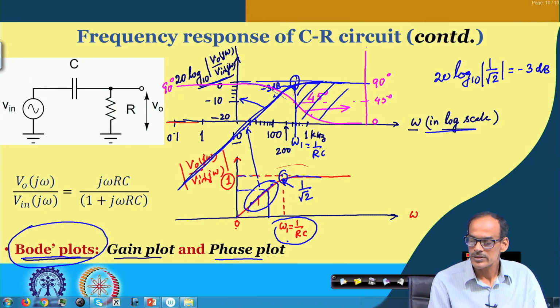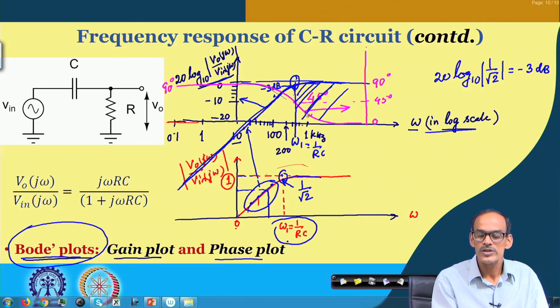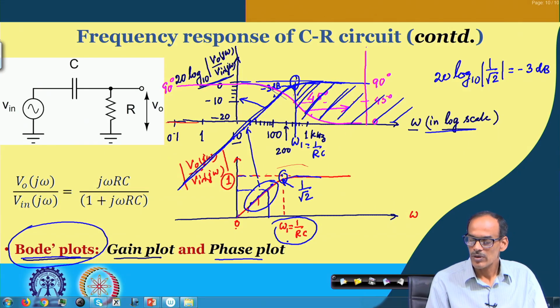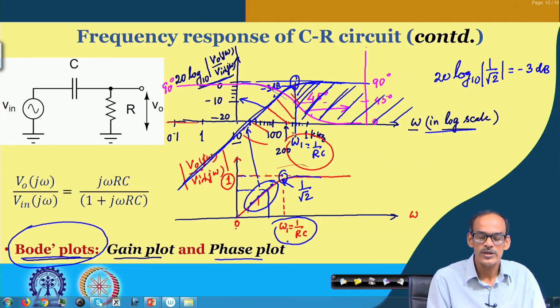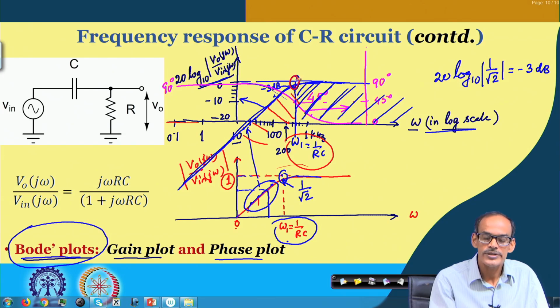So, I should say that this frequency range is the pass band, and on the other hand the lower frequency, or frequencies lower than this corner frequency, is referred to as the stop band, and this corner point is referred to as the cutoff of this behavior. I should not say band pass, this is basically a high pass filter. So, this point is the cutoff frequency.